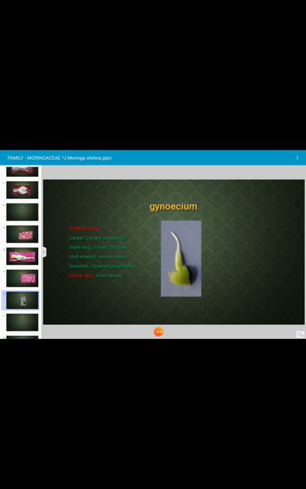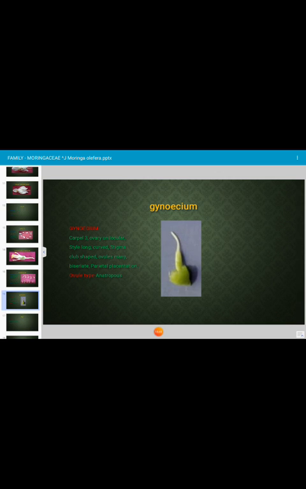What is parietal placentation? It occurs in a bicarpellary or multicarpellary syncarpous ovary. The ovules develop on the inner wall of the ovary. The ovary may be one-chambered. Such attachment of the ovule is parietal placentation.